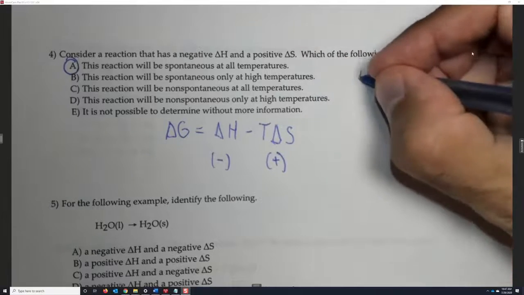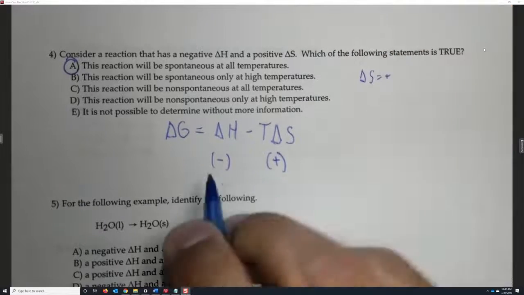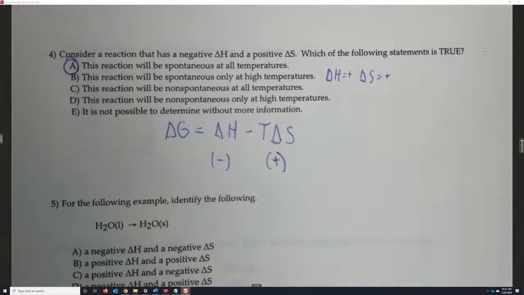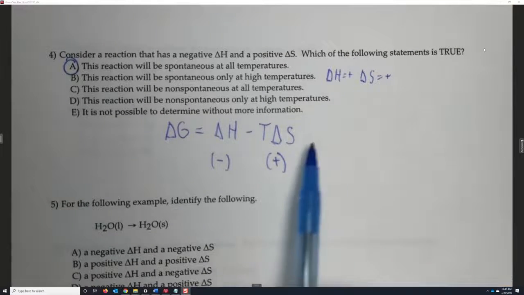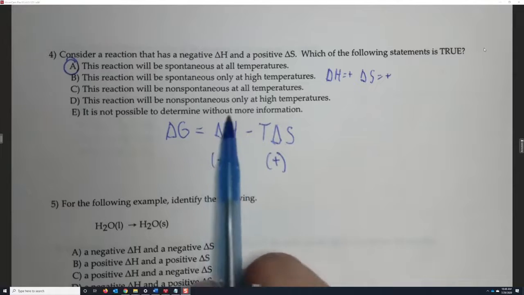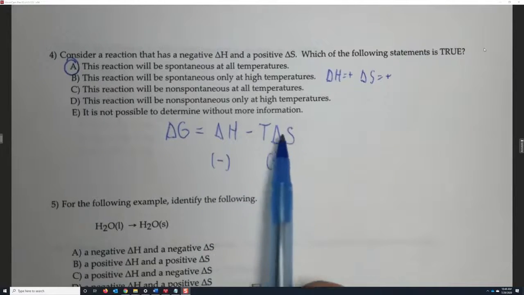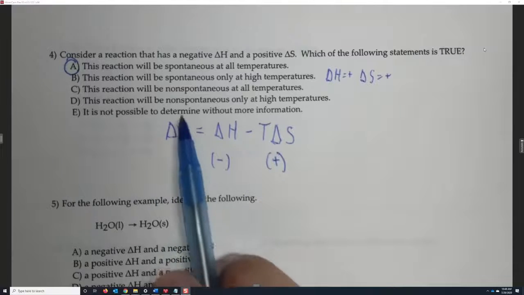So at high temperatures, if delta S is positive and delta H is positive, it means that although it requires heat energy to make this reaction happen, we're going to gain so much entropy that overall it is spontaneous.